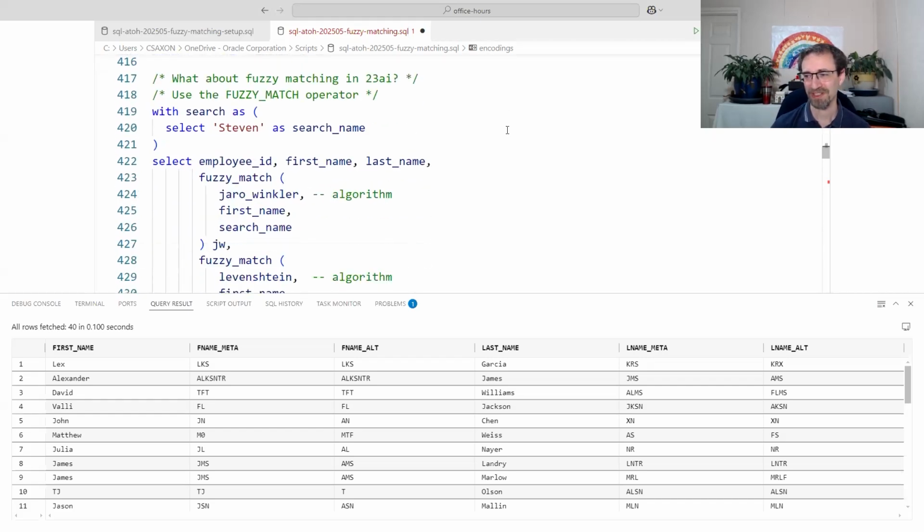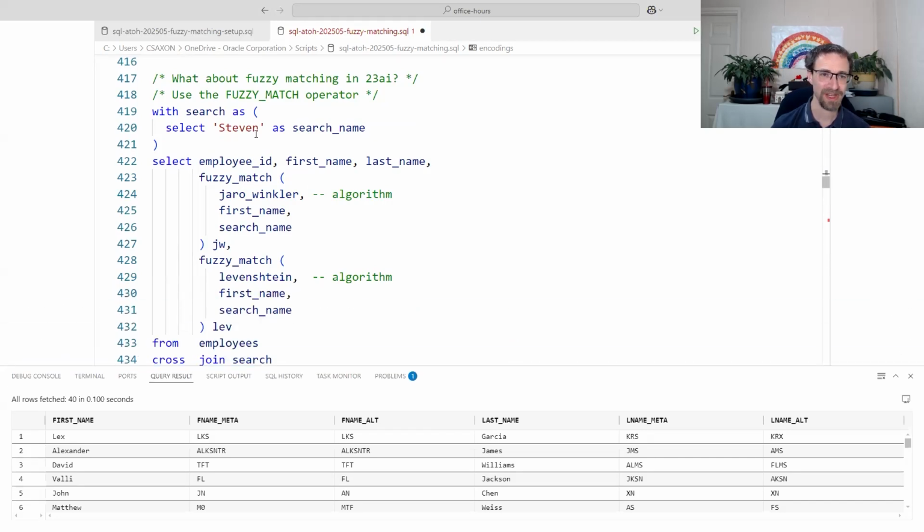What about fuzzy matching? Let's look at fuzzy matching again. Before 23AI, we had to use the UTL match package. In 23AI, we now have a native SQL operator called fuzzy match. It does what it says on the tin, right?